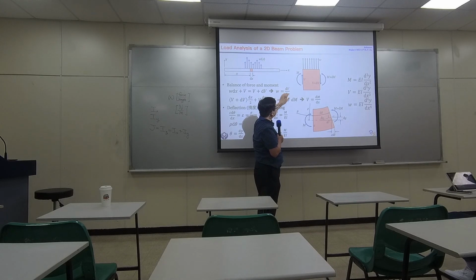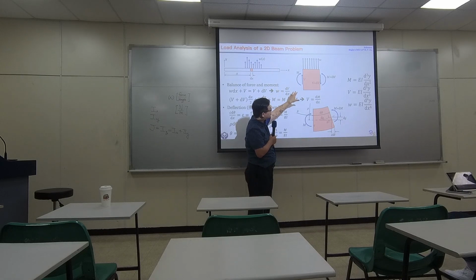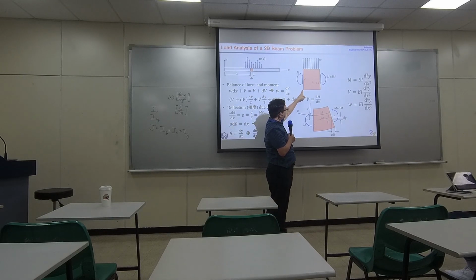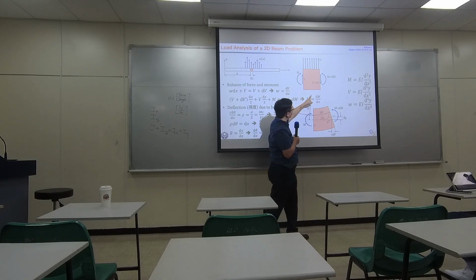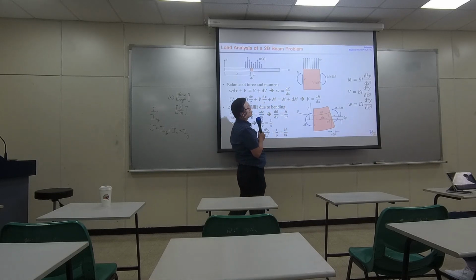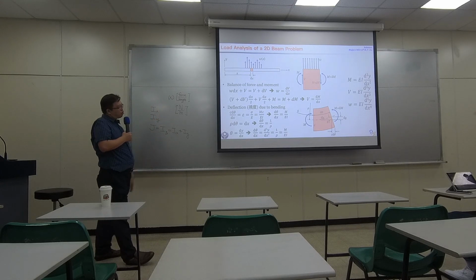That's the key idea. If there is distributed load applied to the system, by moving from the left to the right with the length of dx, the shearing force will be increasing by the amount of dV. So that equation tells us this story.